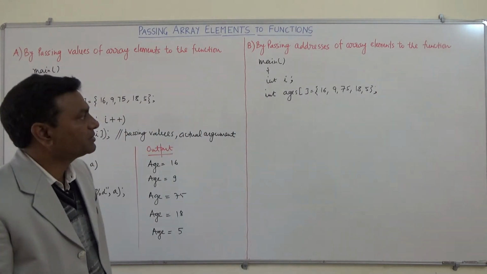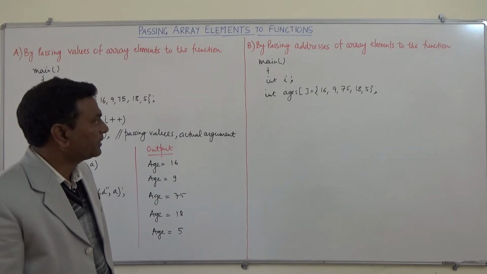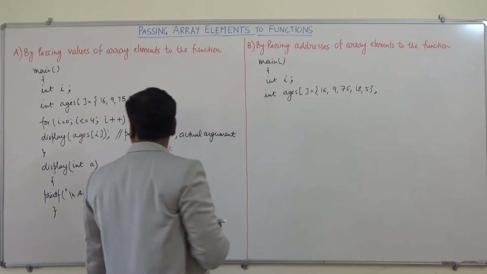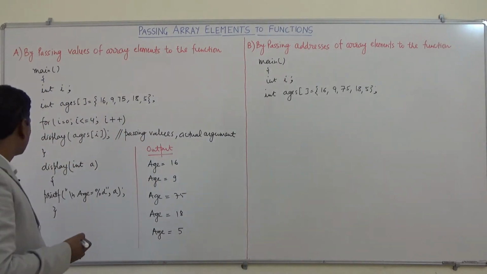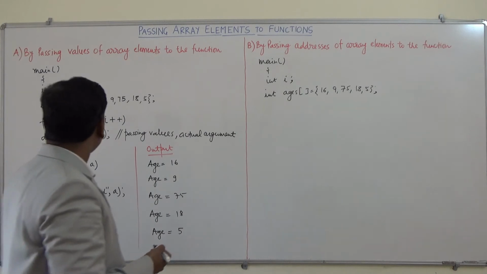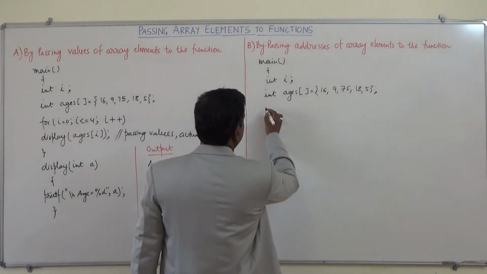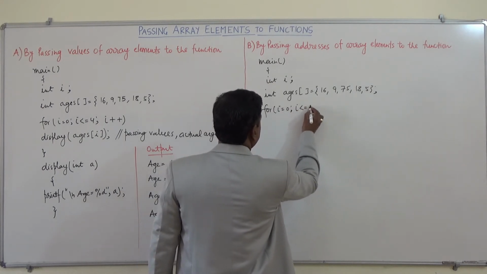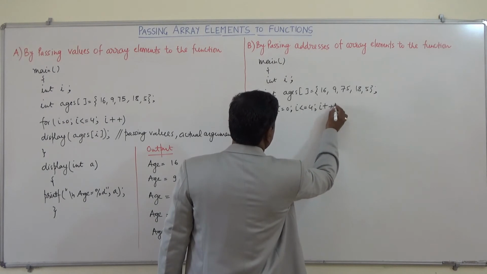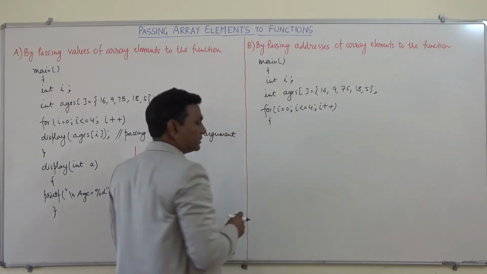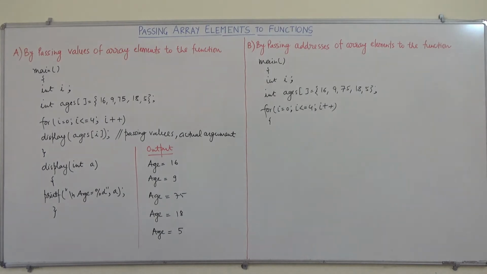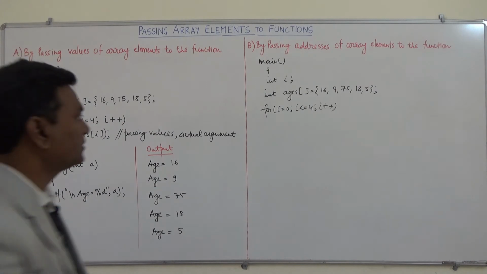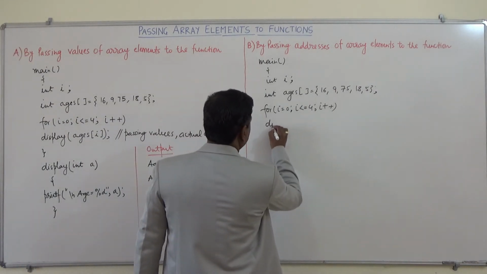Now we can take the for loop for I equals to 0, I less than equals to 4, I plus plus, and then here we will use the same function, that is display.